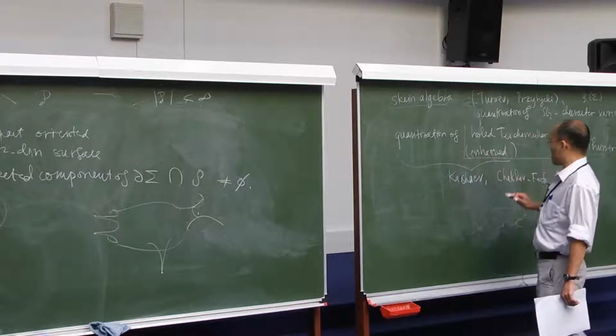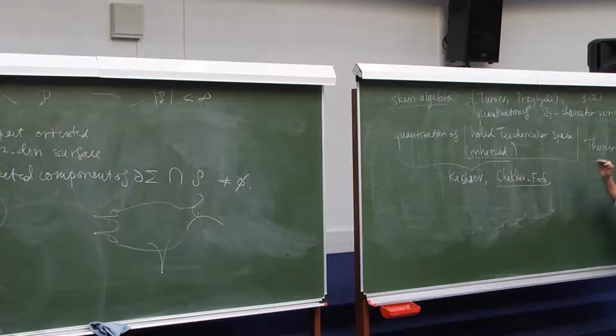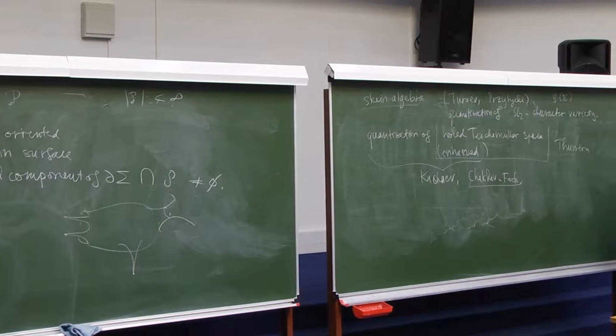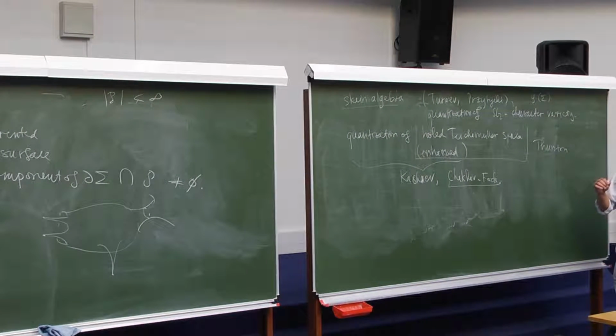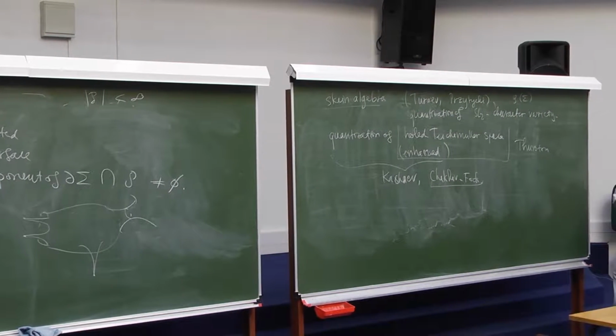But actually, I will talk about the version of Chekhov-Fock, and actually not quite the Chekhov-Fock version. It's a refined version, called the square root version of the Chekhov-Fock algebra, introduced by Francis Bonahon.